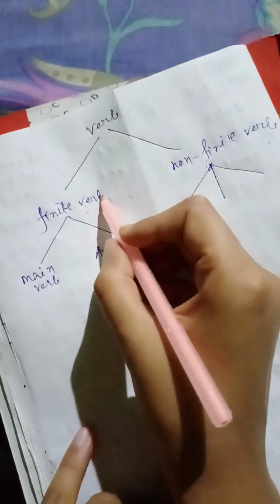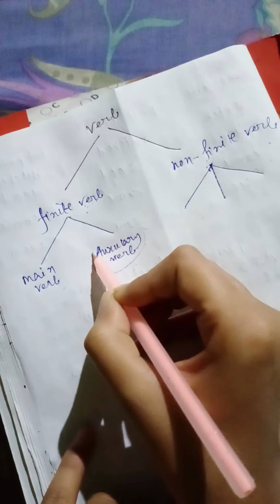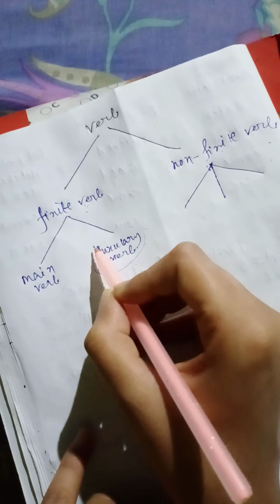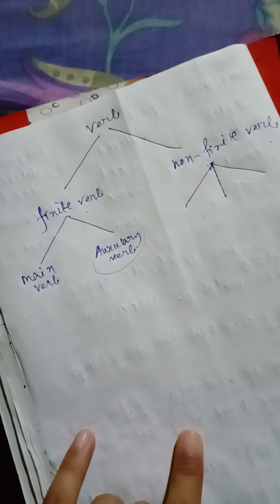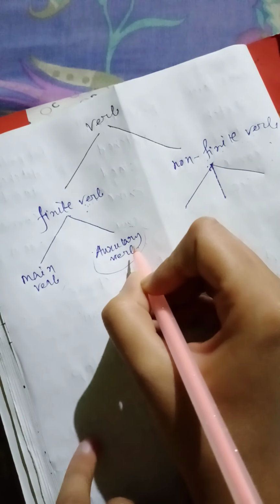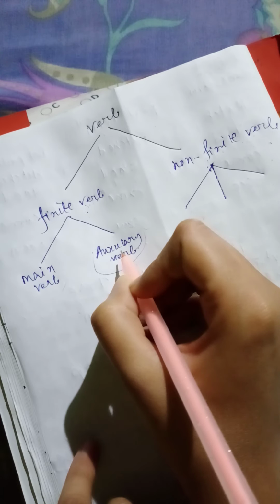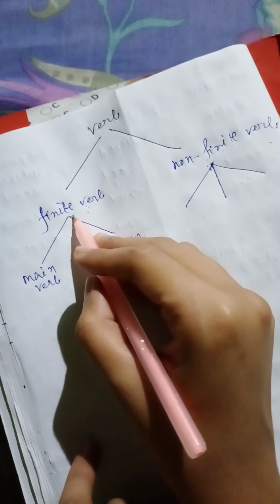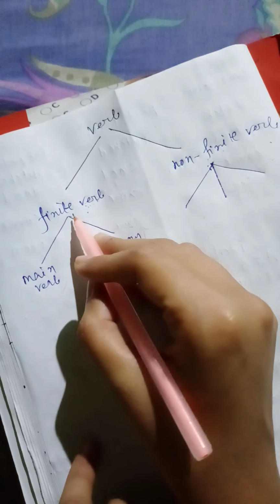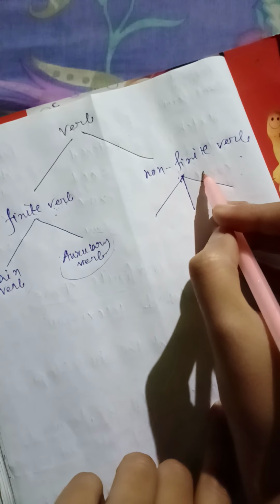Because finite verb is divided into main verb and auxiliary verb, this is sufficient to identify the tense of the sentence. Got it? Finite verb will always tell you the tense of the sentence, but the non-finite verb will never tell you the tense.